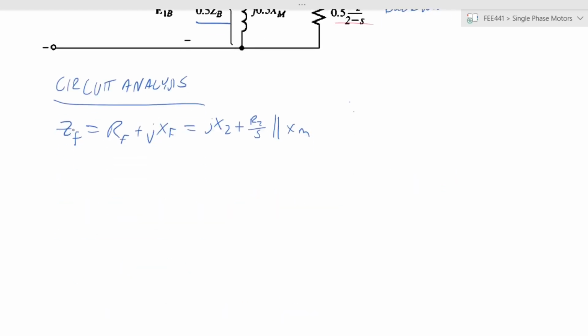And this can then be given as the product over the sum, which is jX2 plus R2 over S, times XM, over the sum of all those components.